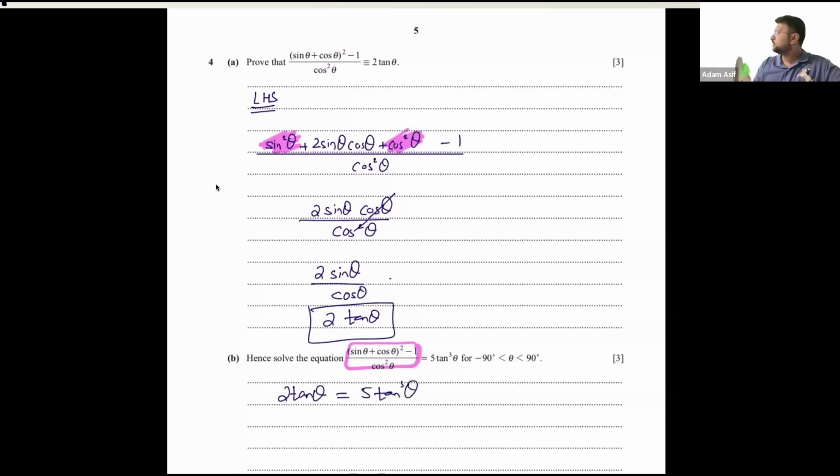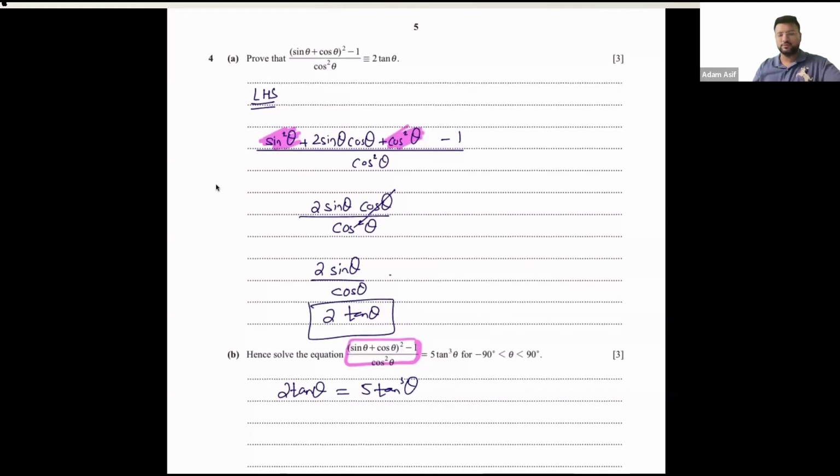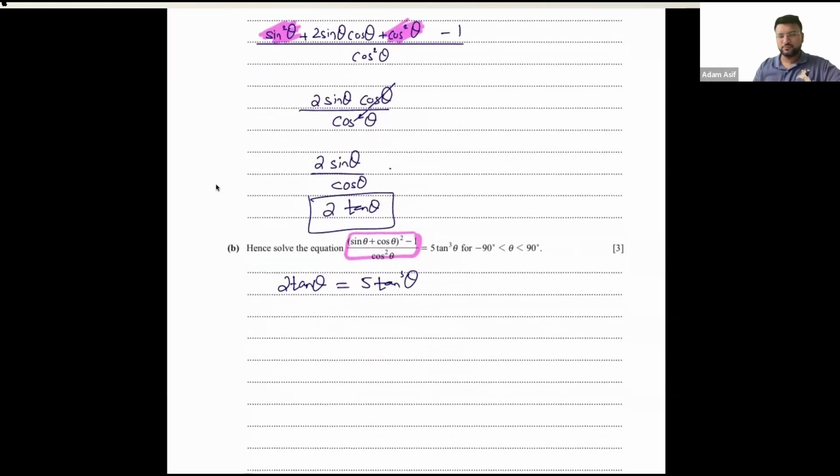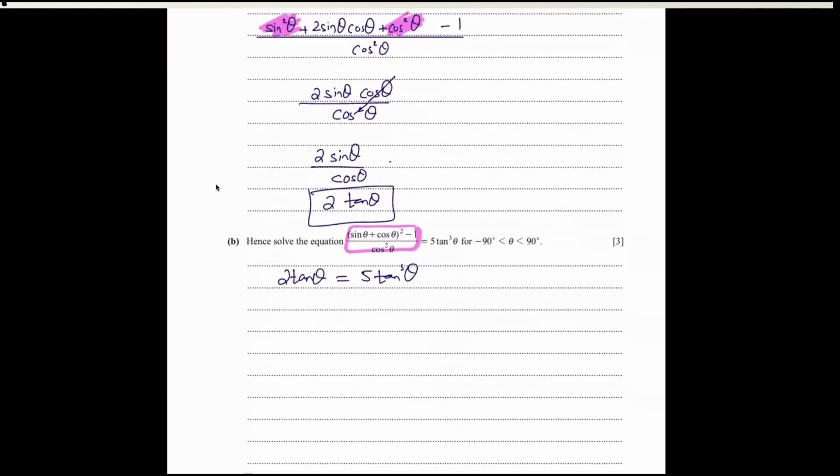And the domain given in the question is from minus 90 to 90. Now, how do we solve this? Should I cancel out tangent theta and tangent cube theta? Should I simplify the powers? So it can become 2 over 5 equals tan squared theta.